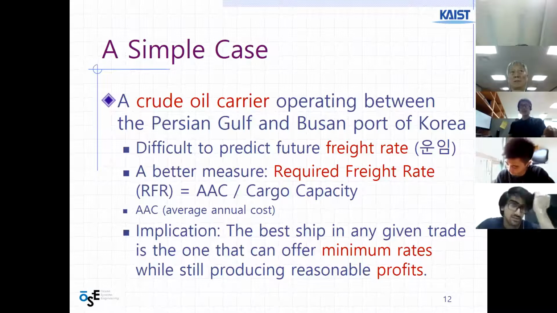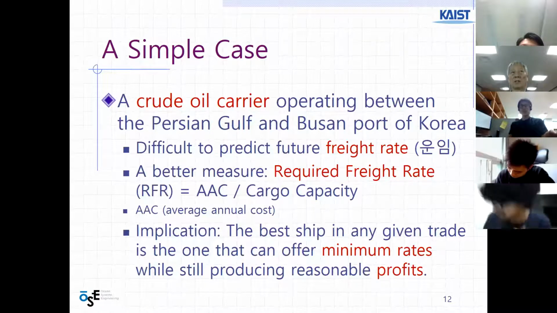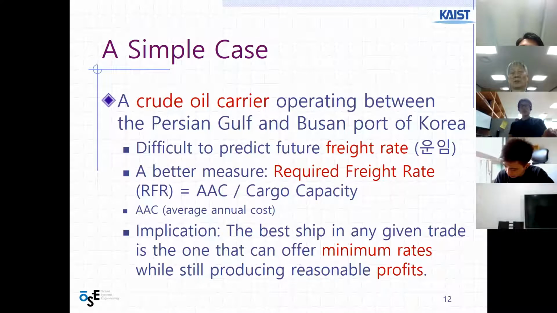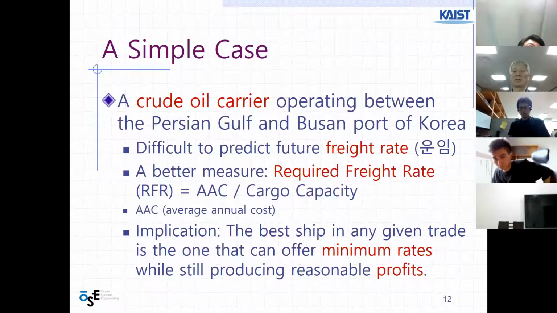Say if you operate your truck for traveling between Daejeon and Seoul, how much money you charge to your guest or customer, that can be a freight rate. But it can fluctuate with the situation. So prediction of future income is not easy.